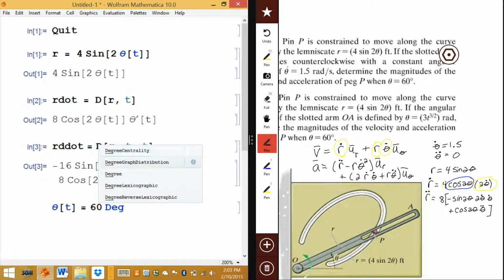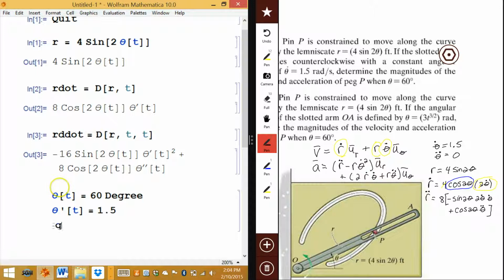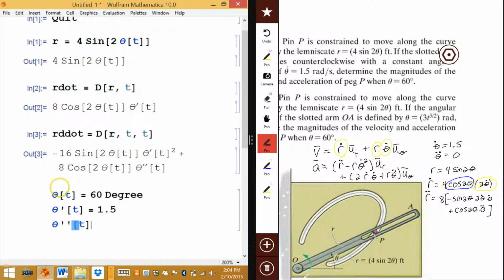The default in Mathematica is radians, so I want to make sure that I tell it that it's degrees. The theta derivative is 1.5, and that's in radians already, so I'm okay. And then the theta double derivative is 0 because theta dot is constant.